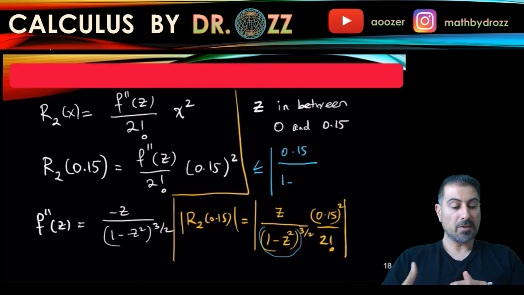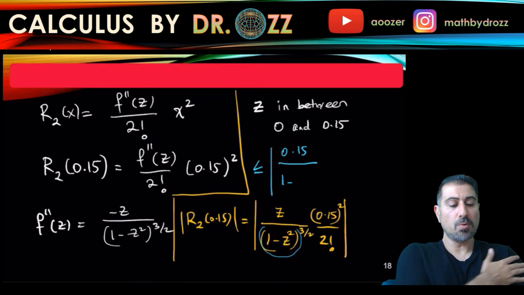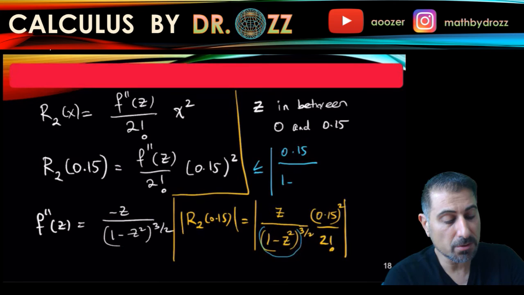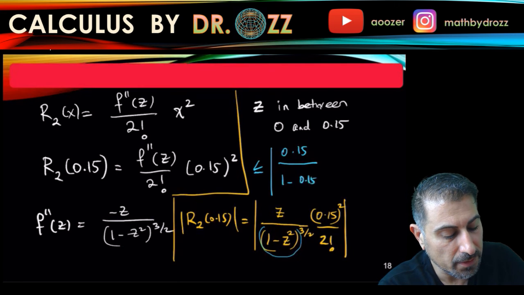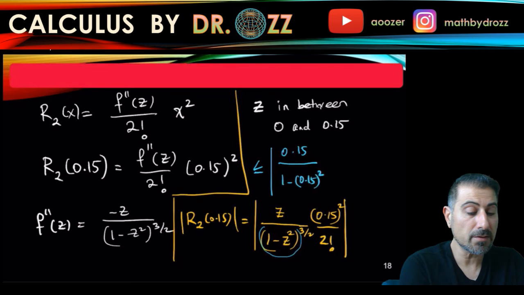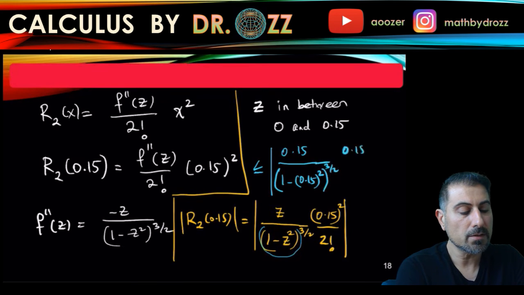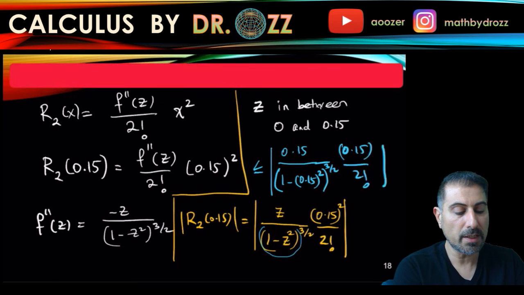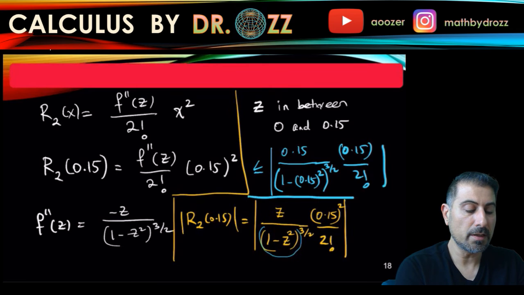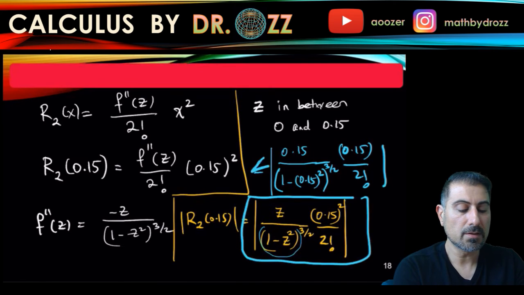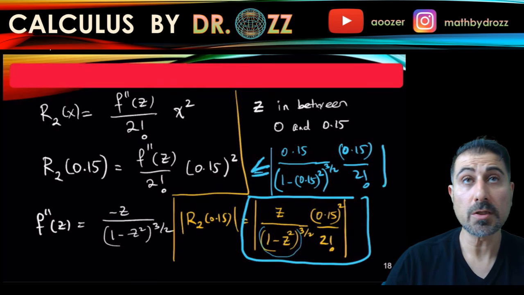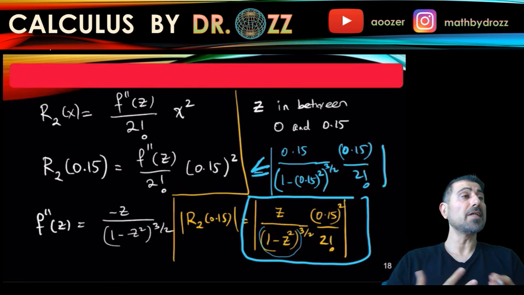The way to make it smaller is just to go with the maximum z, and z is in between 0 and 0.15, so I should go with 0.15 here, okay? So again, the denominator is going to be smaller, and this is 0.15, and then this is 2 factorial. So this quantity is less than or equal to this quantity, which is something that you can calculate right away.